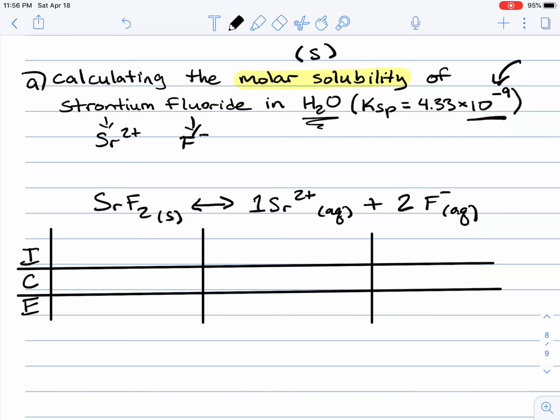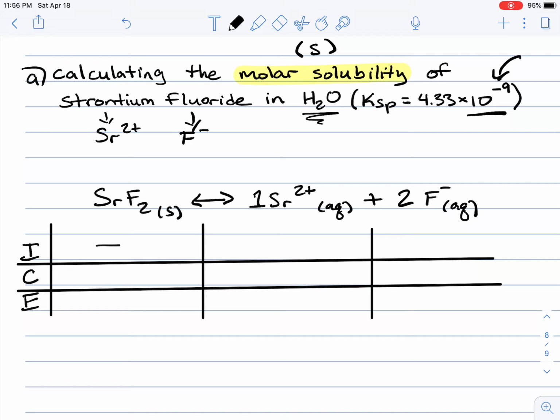All right. So in the problem, it didn't really give us an initial concentration of strontium fluoride, so we're just going to leave it blank. For C, the change, we know that some of the strontium fluoride will be soluble. In other words, it's going to dissolve to produce strontium and the fluoride.